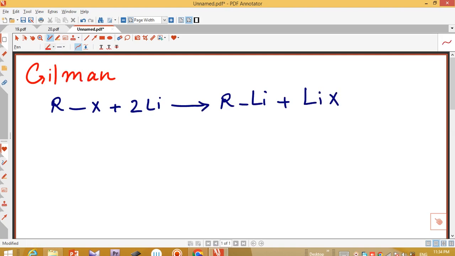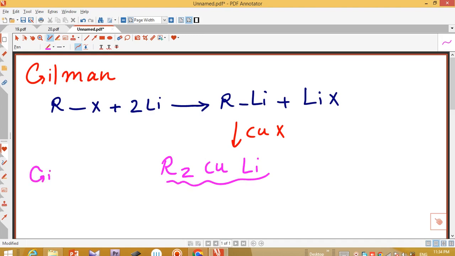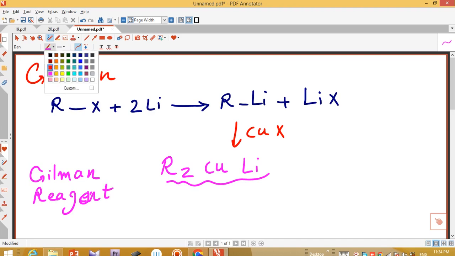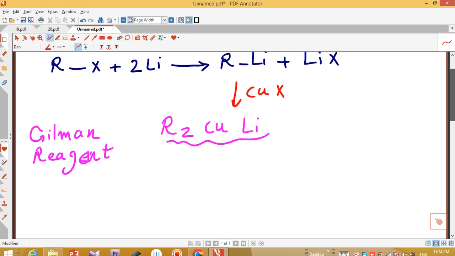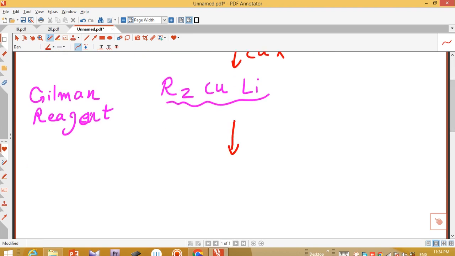And then we will have copper halide, and again we will have R2CuLi, or Gilman reagent, which is a nucleophile. Here we have produced a nucleophile, or Gilman reagent, which has a carbanion, which is R, and the charge of R here would be negative, and we will have one R prime X as a substrate.